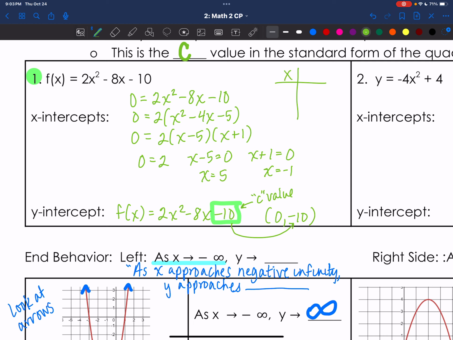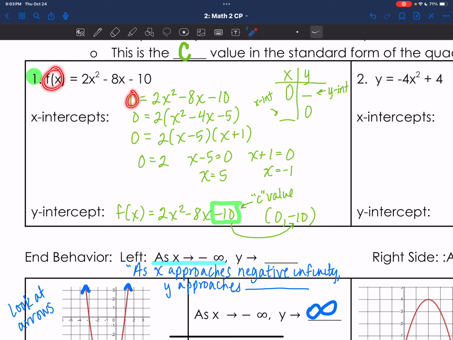So if you're looking for y, that's your y-intercept. If you're looking for x, that's your x-intercept. If that helps you remember what you're actually looking for. All right, so first, what we did was we set this equal to 0.